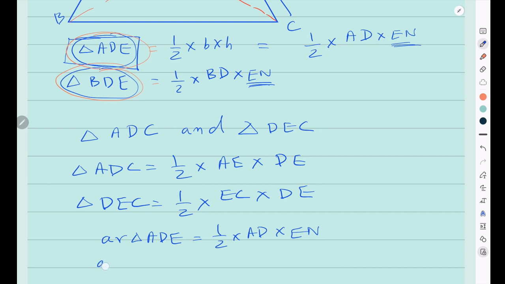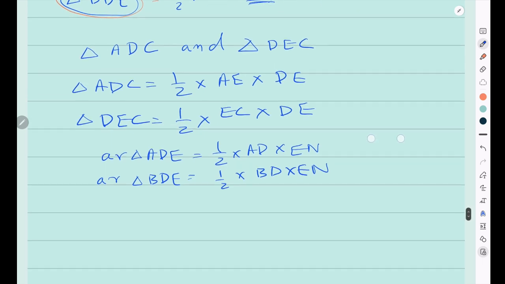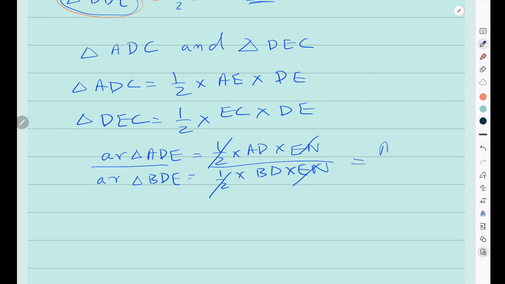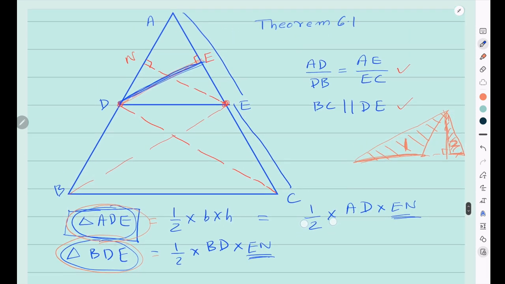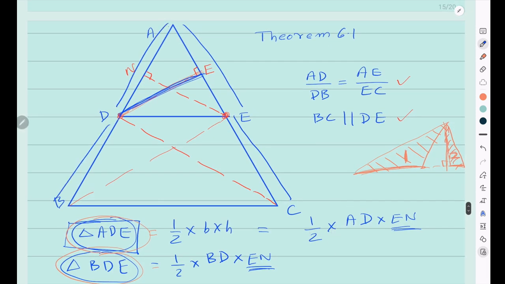Okay, and then what is the area of triangle BDE? That is half into BD into EN. Okay, so if we take the ratio, what will happen? Half will be cancelled. This will also be cancelled. So we are left with AD divided by BD.